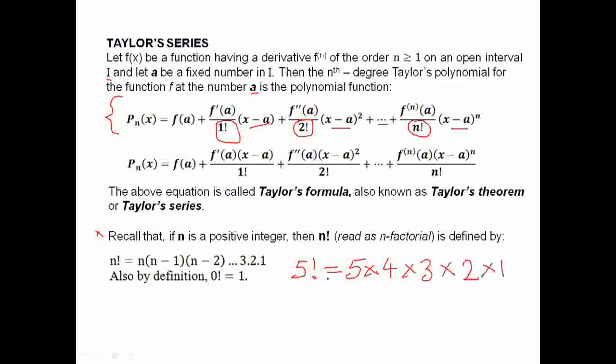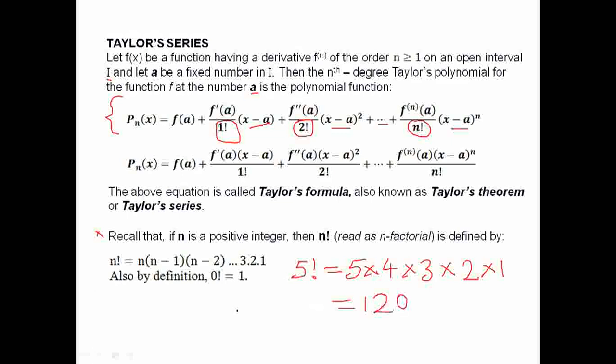So 5 by 4 is 20. 20 by 3 is 60. 60 by 2 is 120. So 5 factorial is 120.